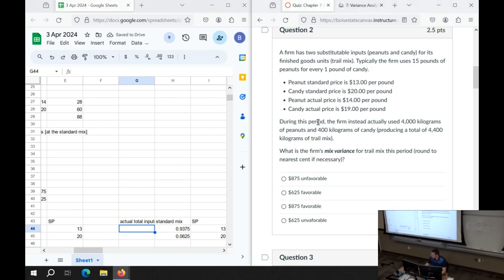Now, we actually used 4,000 kilograms of peanuts and 400 kilograms of candy. Now, I'm being funny here, aren't I? So I'm using pounds up here. I guess our standard was built in America, and our actual units were produced anywhere outside of America that uses the metric system.